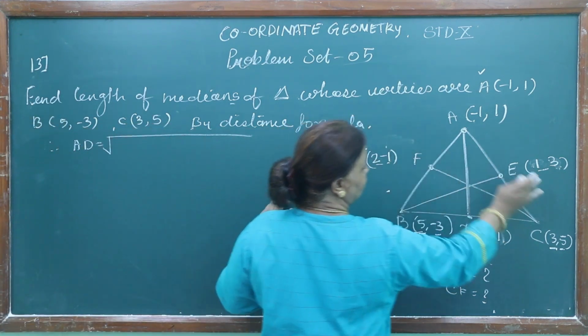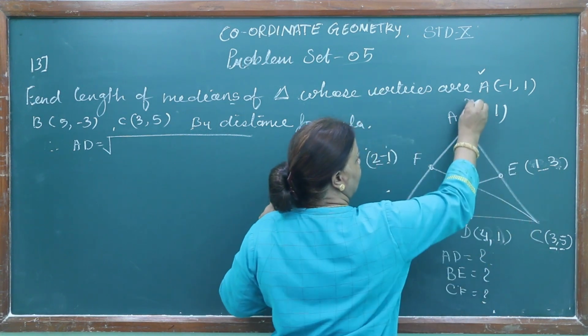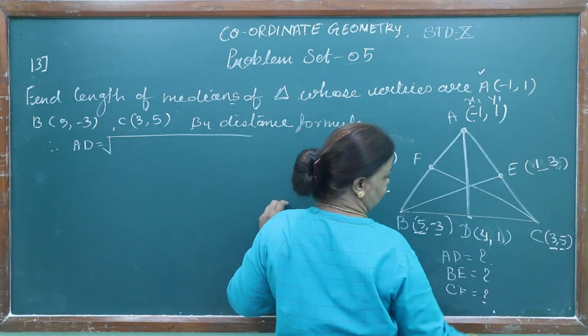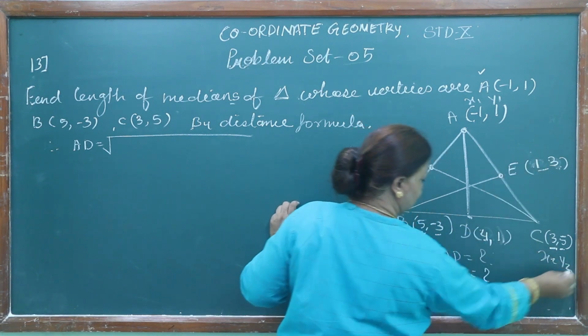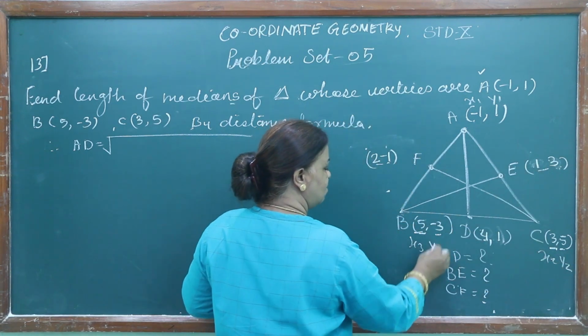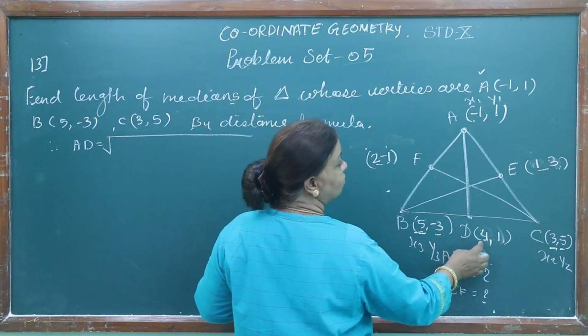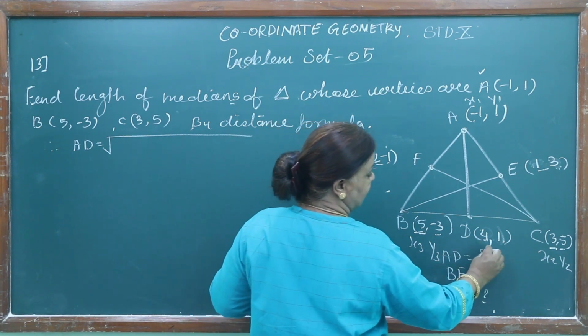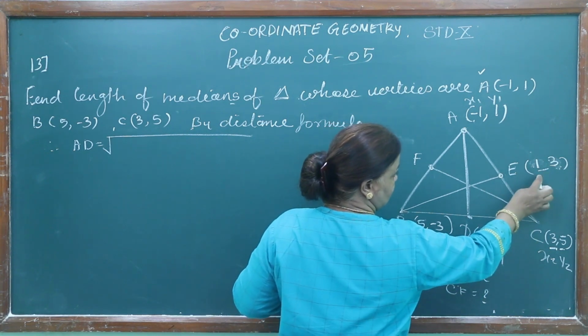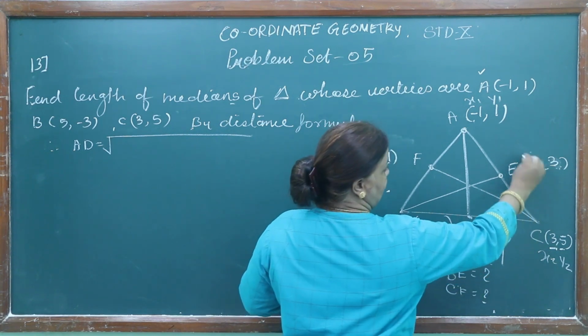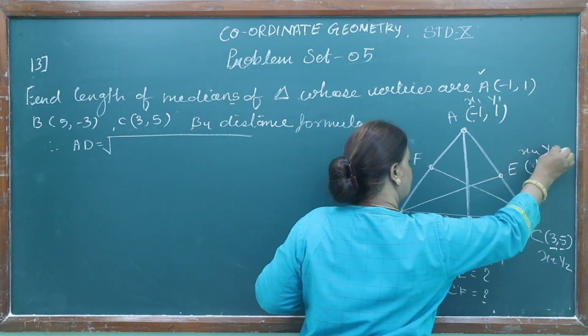let me rub this all. Okay, x1 y1 and x2 y2. This is x3 y3. Now here will be, let me take as x and y, and here will be x4 y4.